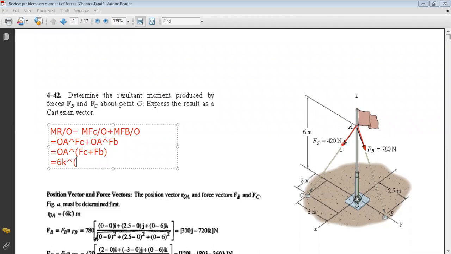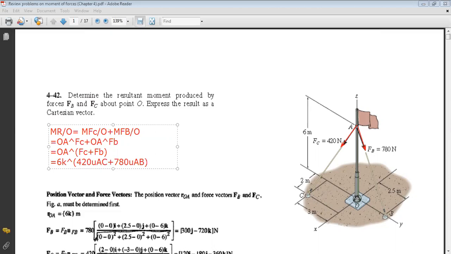Now, for FC, we know the magnitude, and we should find the direction through the unit vector. Okay, so we can write that FC is equal to 420 times unit vector of AC plus for FB it is 780 times unit vector of AB.